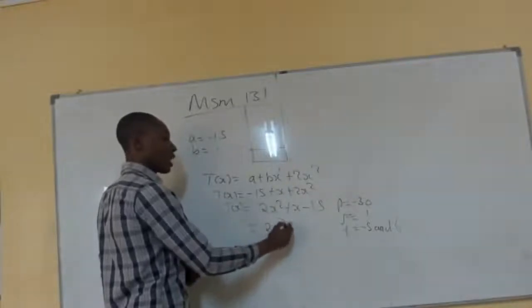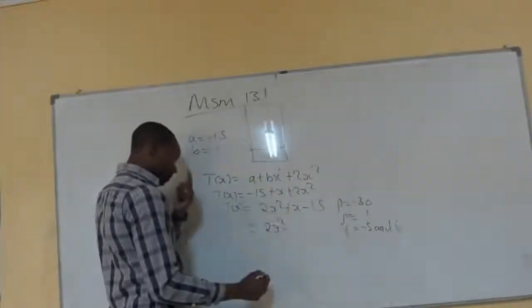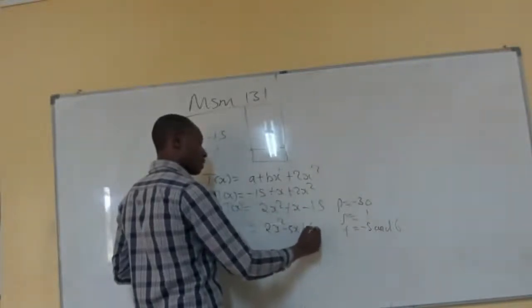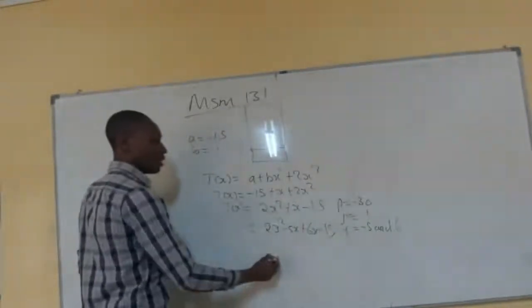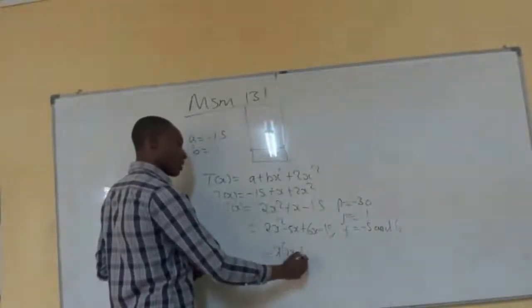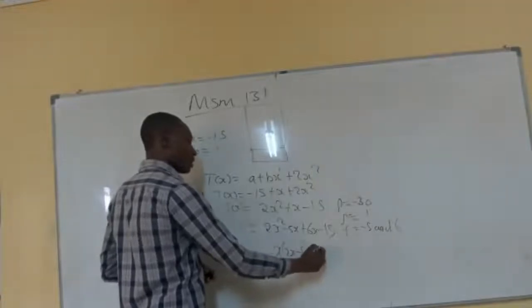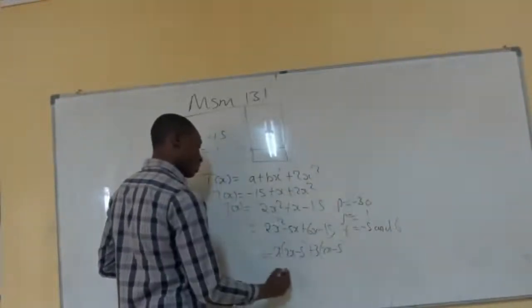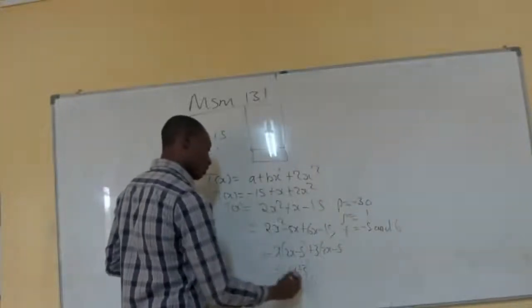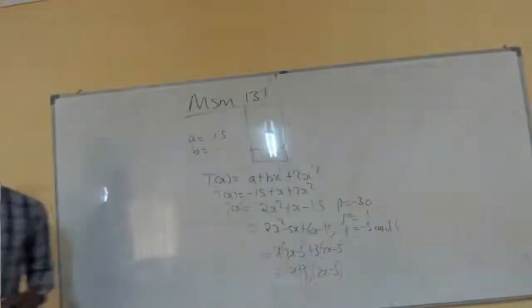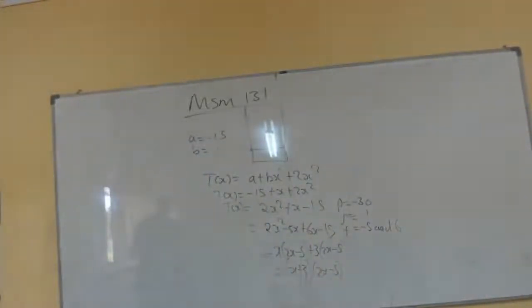So 2x squared minus 5x plus 6x minus 15. This is going to be x(2x minus 5) plus 3(2x minus 5). You have (x plus 3)(2x minus 5).